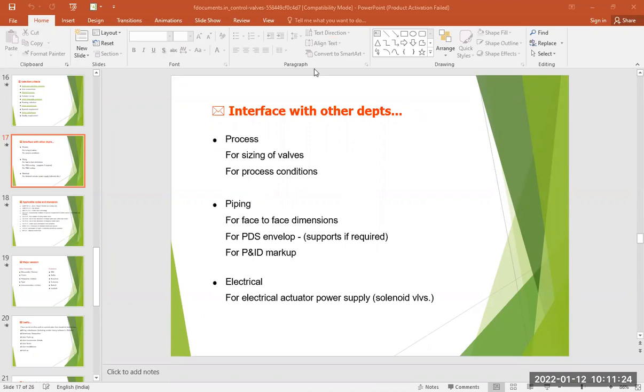Okay, so everyone write your own name and roll number in the chat box also. Shivam Jaiswal, can you hear me?